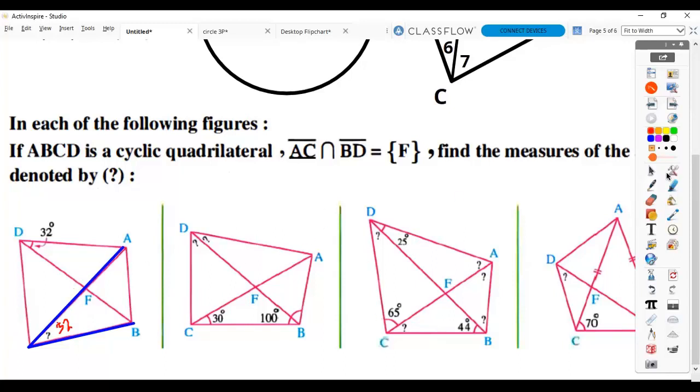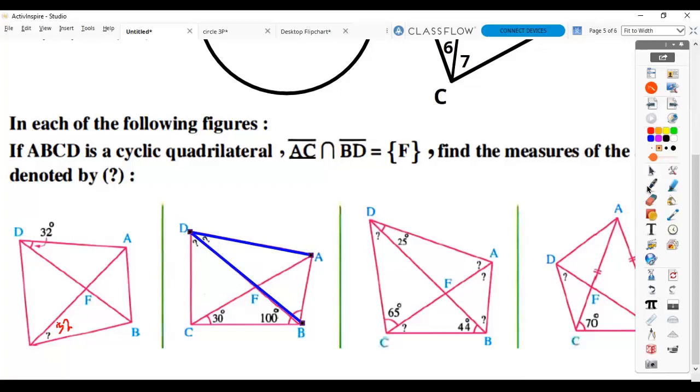Here, go to the second one. We have here 30, subtended by the base AB. With it, this one.